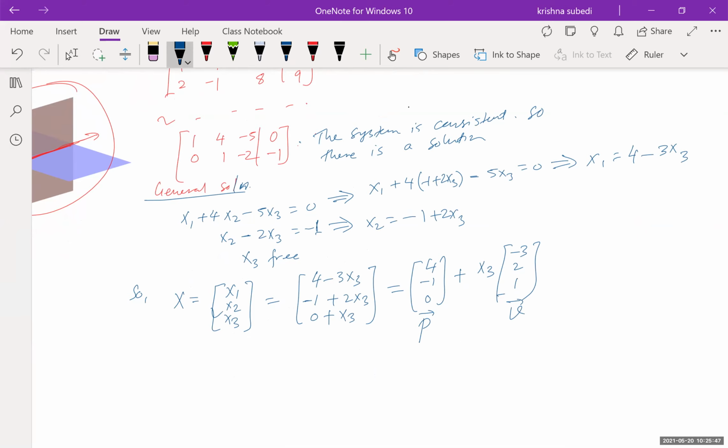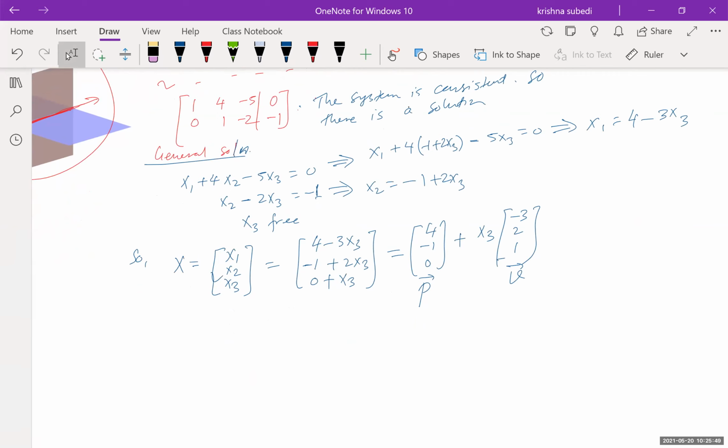Okay, this is v. Now we notice that we proved that the system is consistent. That means the system has a solution. That means the planes intersect. Therefore, the planes intersect. And can you tell me, this one is in the form p plus x3v. Is this a line or a plane?